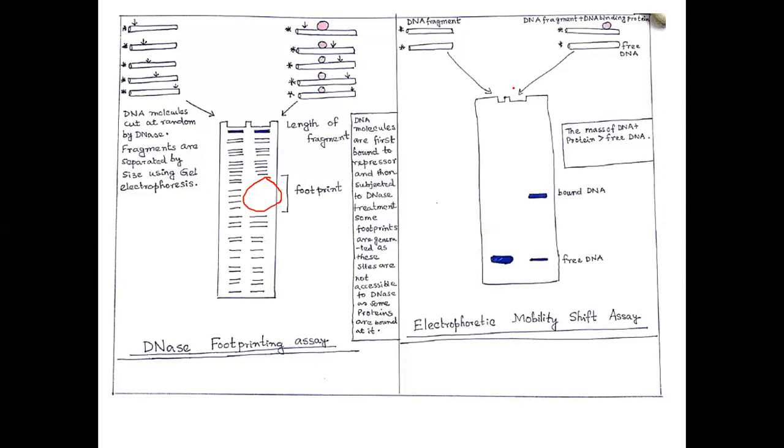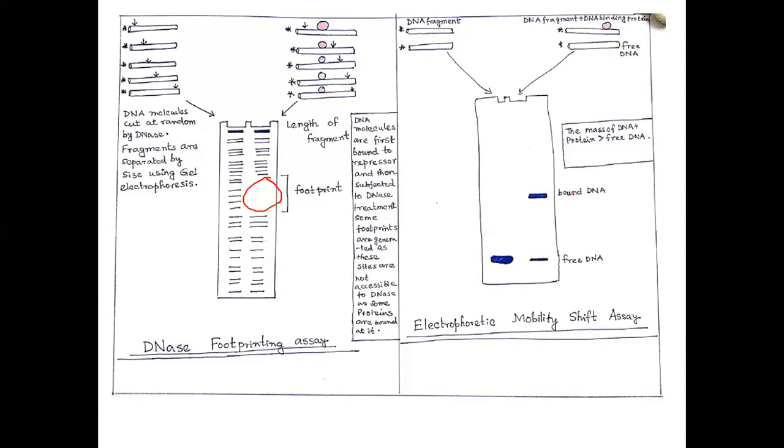Similarly, another technique is the electrophoretic mobility shift assay, or EMSA. In EMSA also the same thing. In a normal DNA fragment, we are not using any DNase. We just run the normal DNA fragment in agarose gel electrophoresis. If a DNA fragment is bound with a DNA binding protein and free DNA is also there, we will get two types of band here.